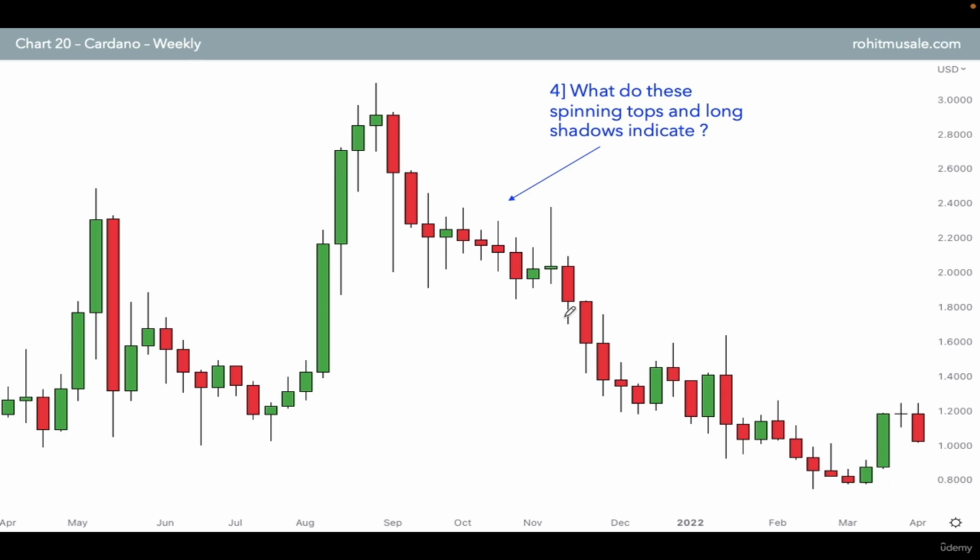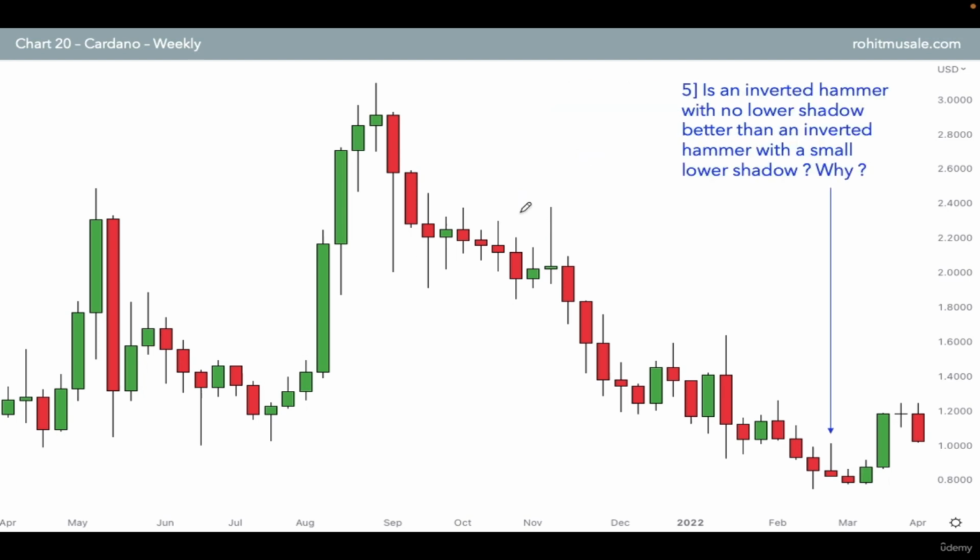Number 4. What do these spinning tops and long shadows indicate? So all of these candles. Number 5. Is an inverted hammer with no lower shadow better than an inverted hammer with a small lower shadow and why? So you're looking at this inverted hammer.